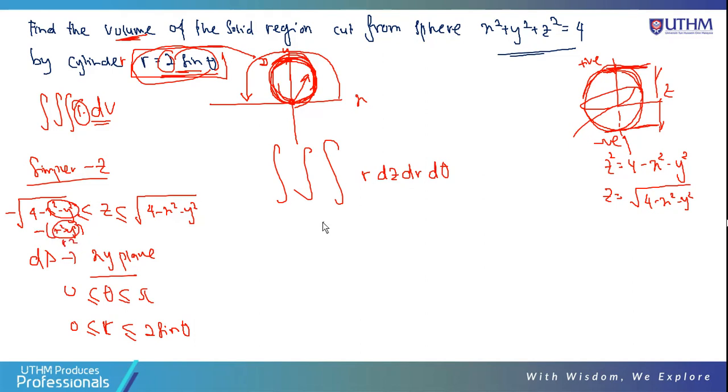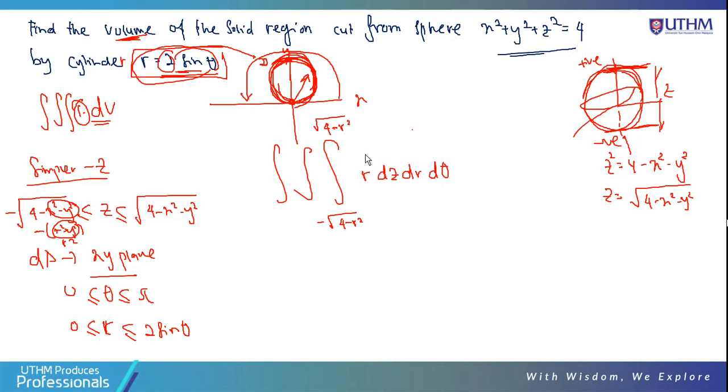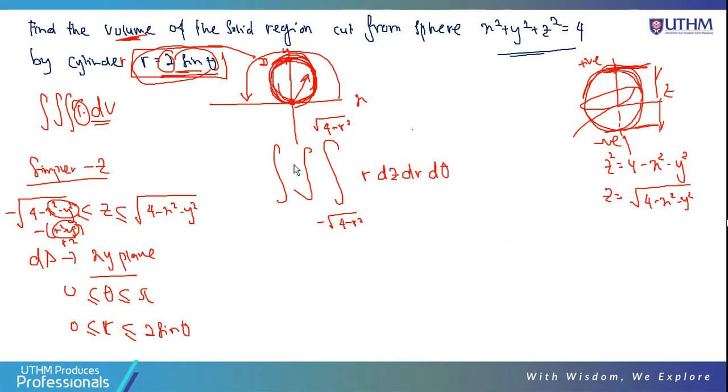So the start from negative square root of 4 minus r square, up to square root of 4 minus r square. Okay, so settle for the limit for the z. So limit for the r 0 hingga 2 sin theta. Limit for the theta 0 to 2 pi. Then you selesaikan lah. So the first respect to z, bukan r, respect to z. So you akan dapat z r.